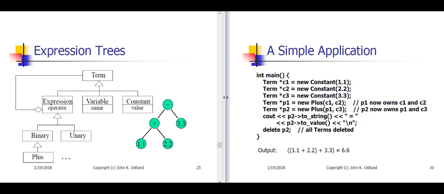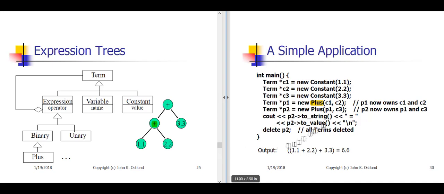So at this point, if we look at our diagram, all we would have is 1.1 with C1 pointing at it, 2.2 with C2 pointing at it, and 3.3 with C3 pointing at it. But now we create a plus binary op. And plus has as its two children C1 and C2. So that is this binary op here, this plus symbol, and its left child is the constant that C1 is pointing to, that is 1.1, and its right child is the constant that C2 is pointing to, that is 2.2.